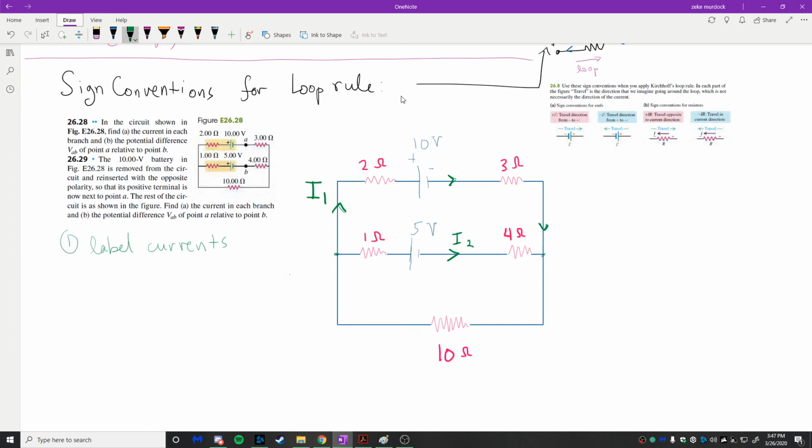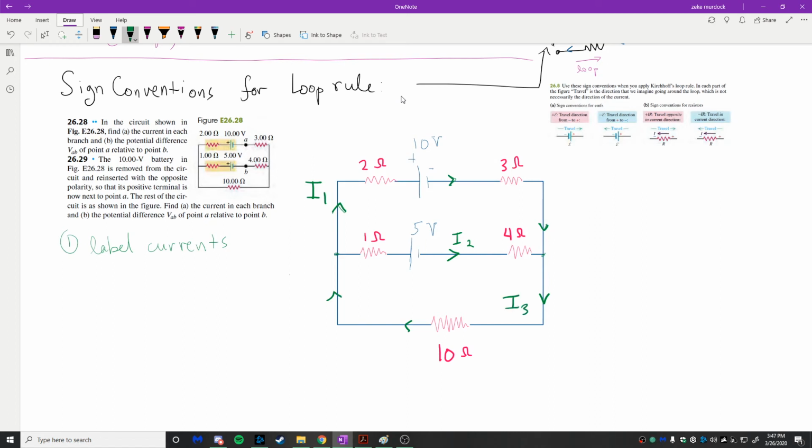I literally have no idea what directions these go, okay? I'm just picking a direction. It makes no difference what direction you pick. In fact, I'm virtually certain one of these is going to be opposite. Finally, in the outer segment of the circuit, all the way around here, we're going to define that current to be I3.